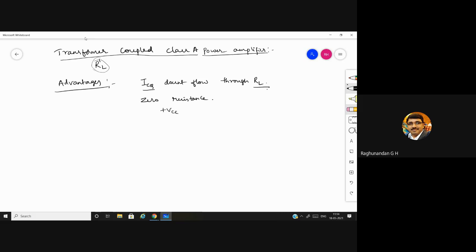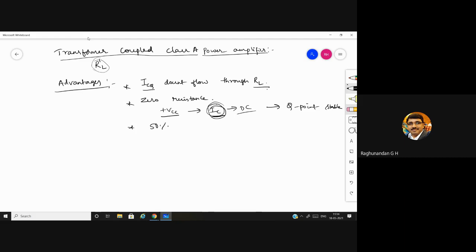When you are using plus VCC, do you think this IC, which is DC, will fluctuate? No, sir, it will not fluctuate. When this is fixed, automatically your Q point will be almost stable. This is one advantage. The other one is that we are having 50% efficiency.